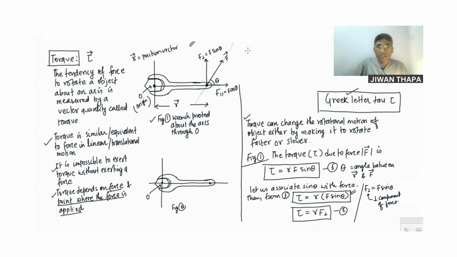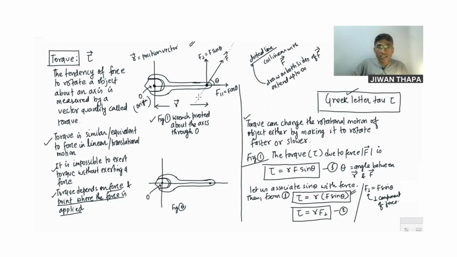We can see the dotted line, they are collinear with force, and we can draw dotted lines on both sides of force, and we can extend these lines up to infinity.